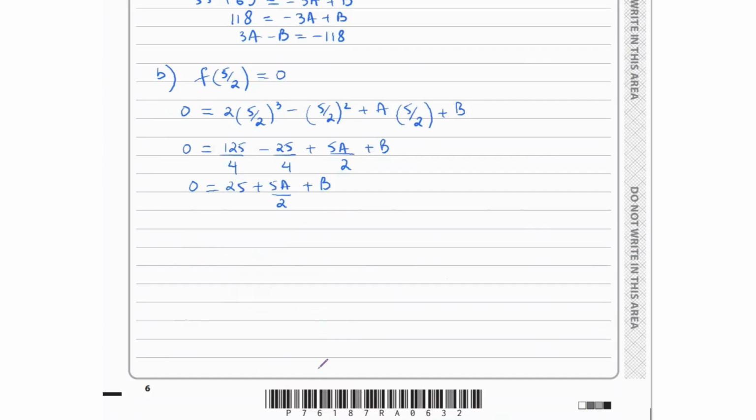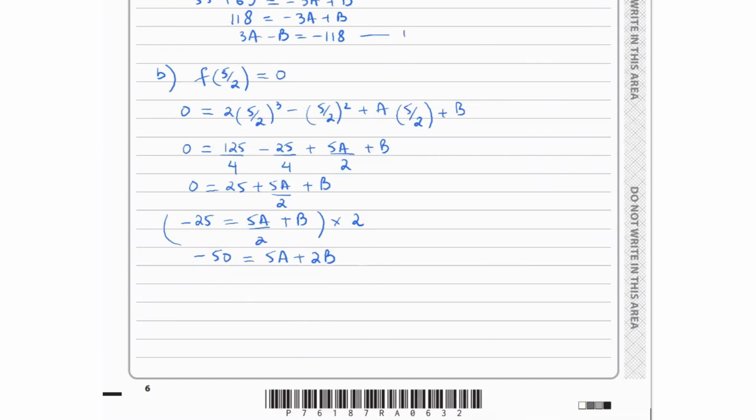Then 25 goes to the other side. Multiply the entire equation by 2 to get rid of the fraction. That's negative 50 equals 5a plus 2b.